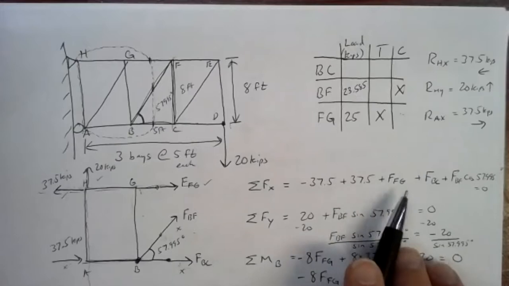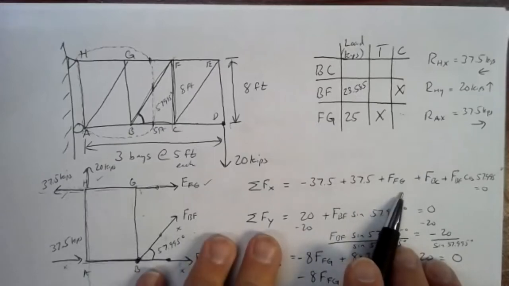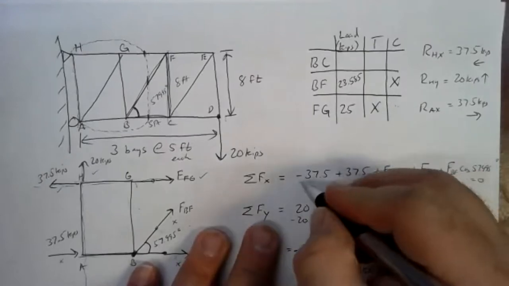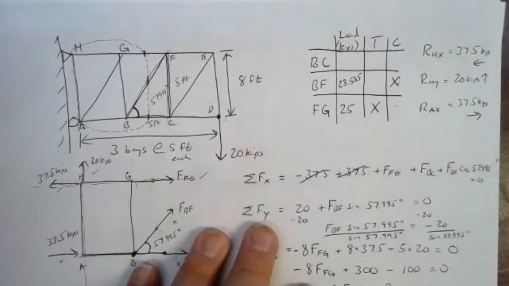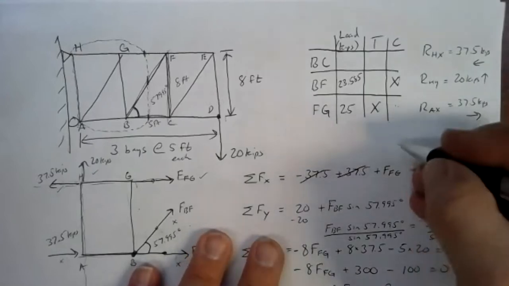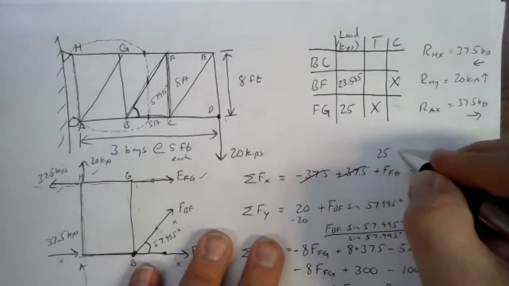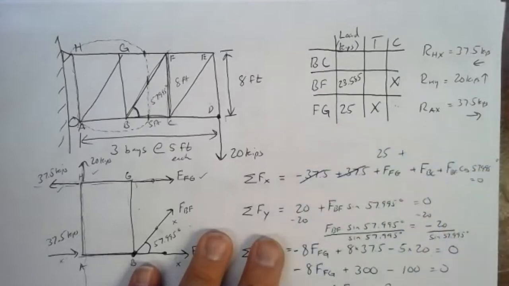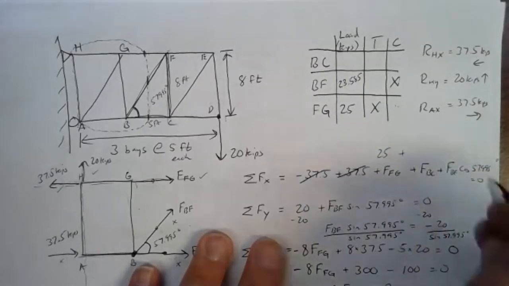And then finally, we've got our x direction equation. The x direction equation simplifies a little bit because negative 37.5 and positive 37.5 cancel out. FFG was 25 kips. FBC, we don't know.